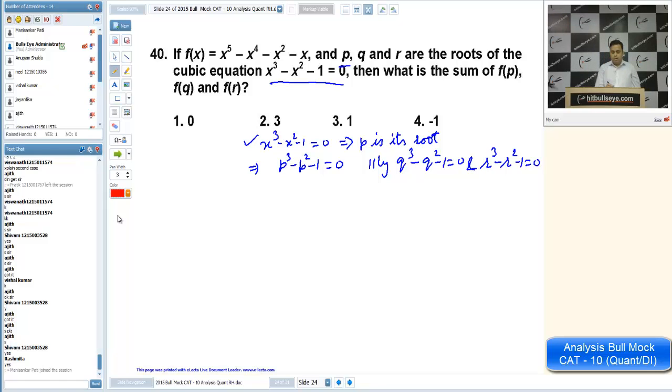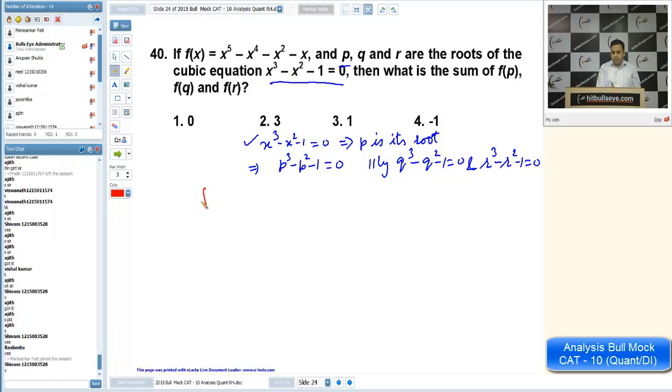Okay. Now, we are given a polynomial fx equals x raised to power 5 minus x raised to power 4 minus x square minus x. And we want to find the value of Fp. So, Fp will be equal to p raised to power 5 minus p raised to power 4 minus p square minus p. Now, I want to solve this expression.